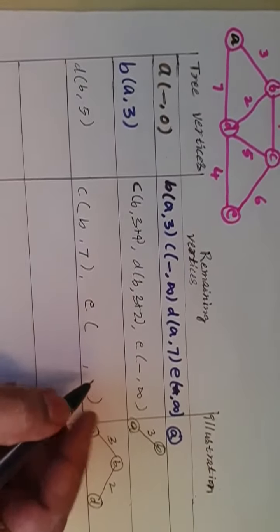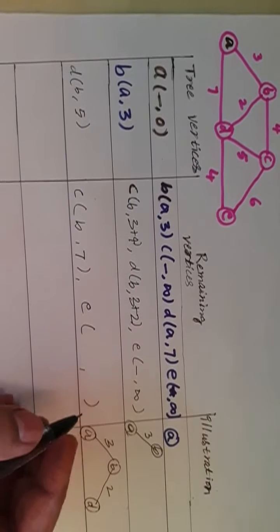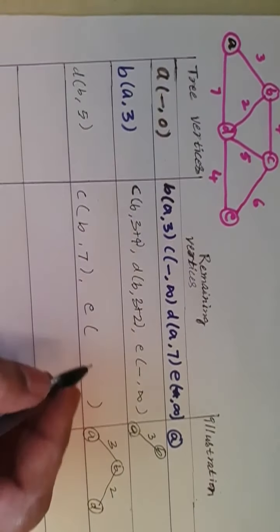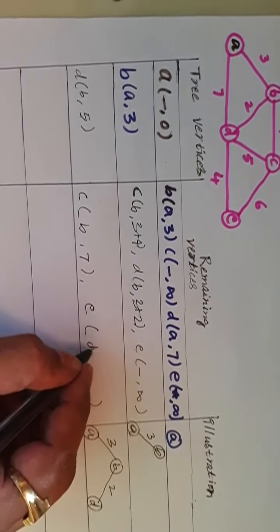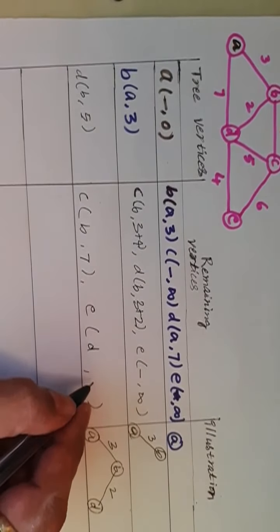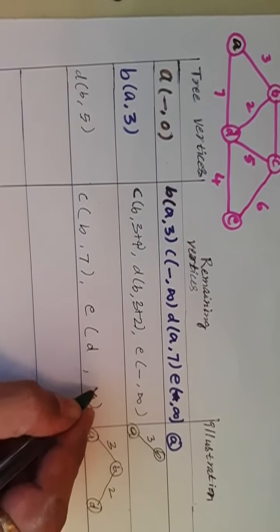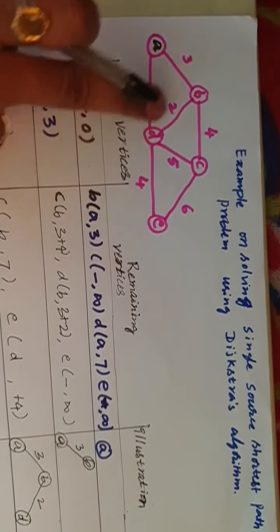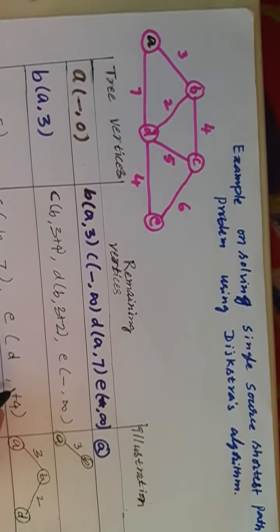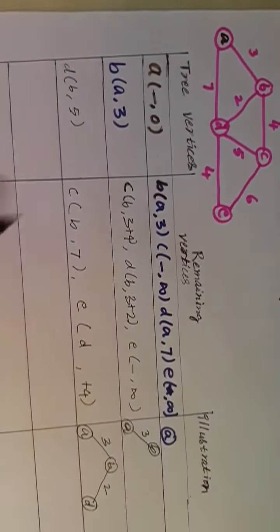9. Hence, let me choose the shortest path to reach A from E through which vertex? D. It's how much? 4 plus 2 plus 3 is 9.